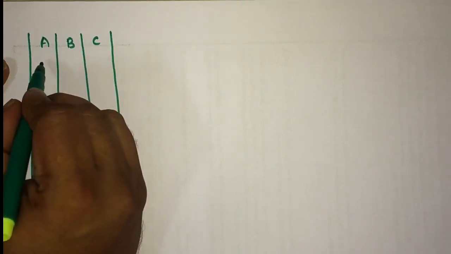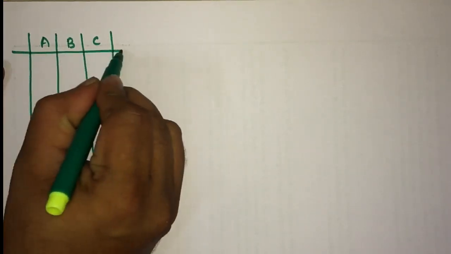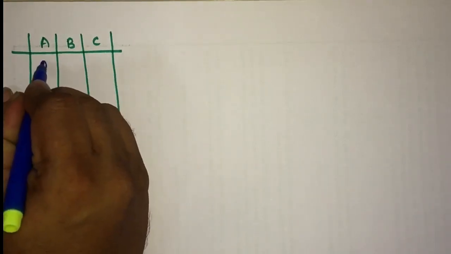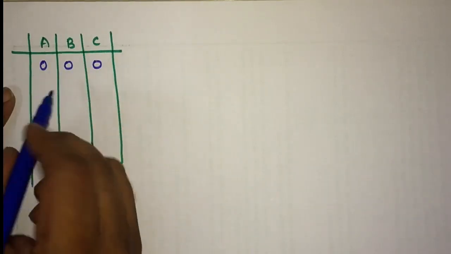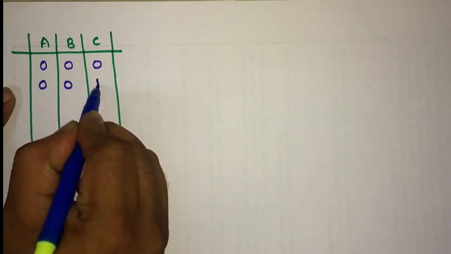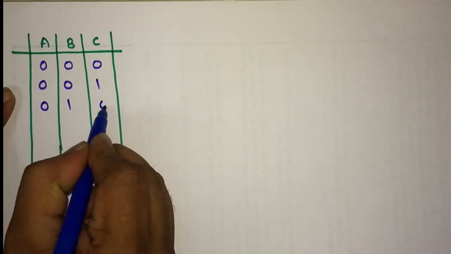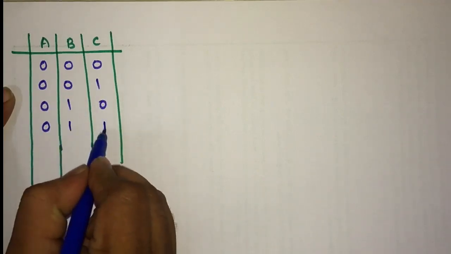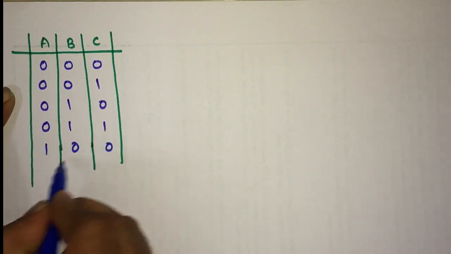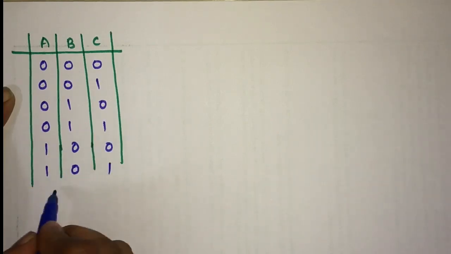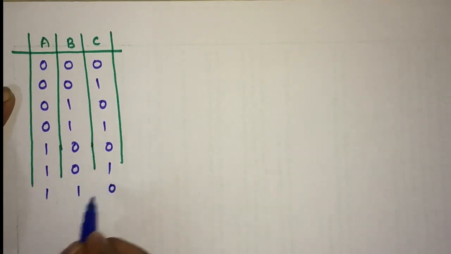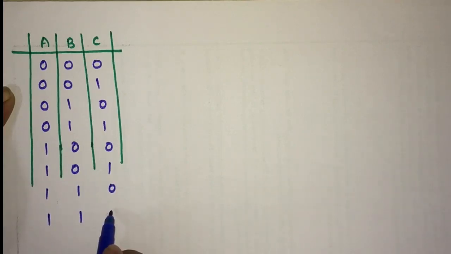So first we will write all possible combinations of inputs: 000, 001, 010, 011, 100, 101, 110 and 111.